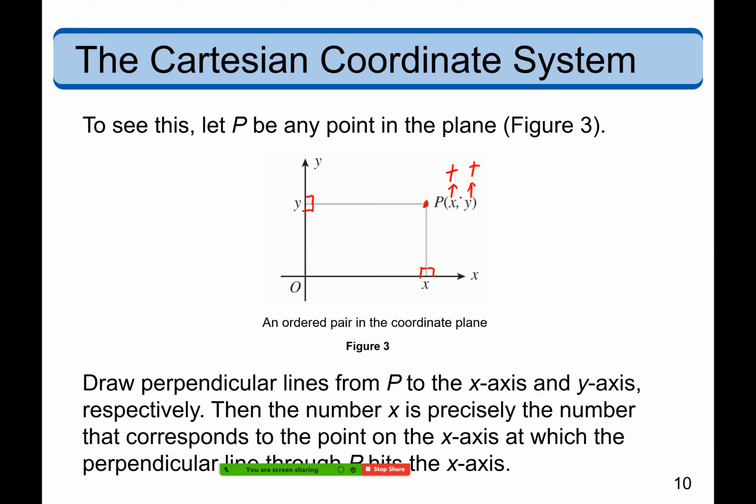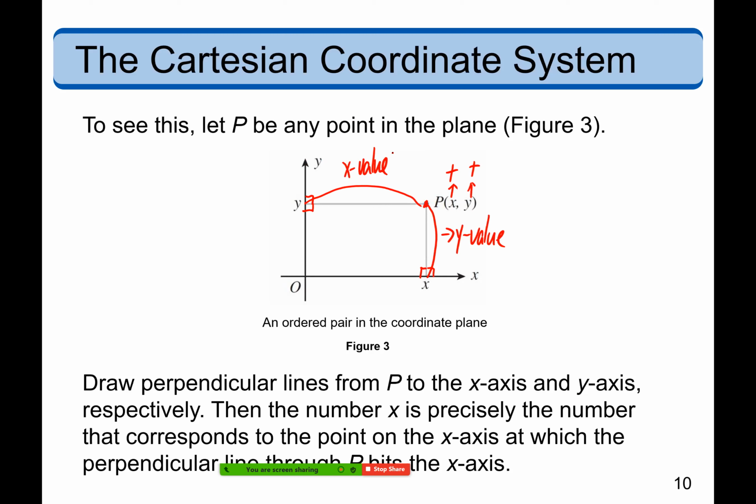So the x coordinate could be viewed as the distance between the point itself and the y-axis, right? This is the x coordinate right here, x value. Okay, and the y value could be viewed as the distance between the point and the x-axis. So this is the y value.